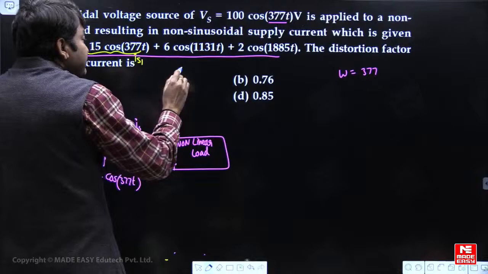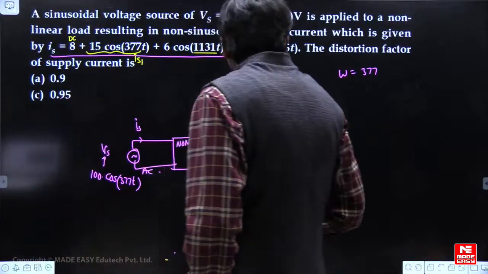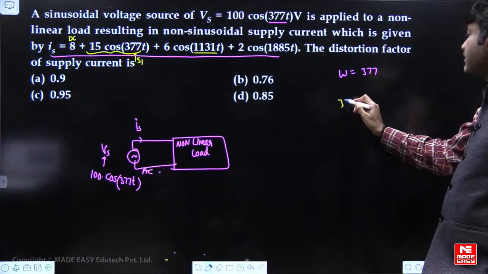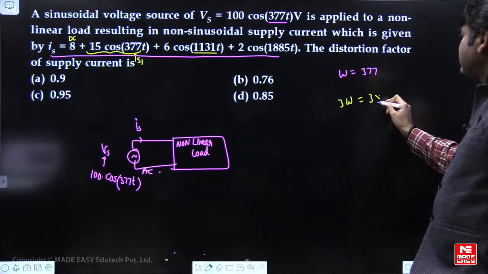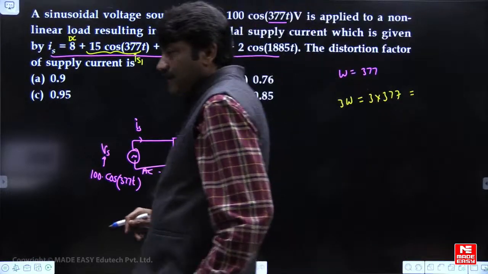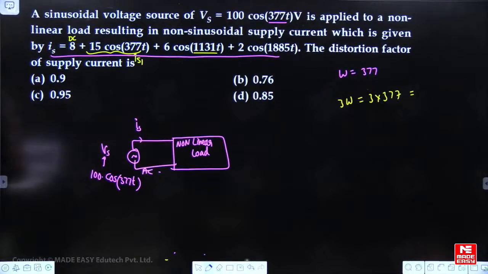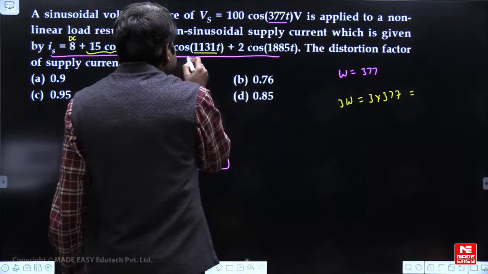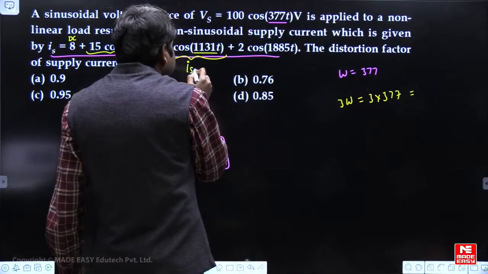And what is this frequency here? 3 omega, which is 3 into 377, that is 1131. So this is the third harmonic source current.